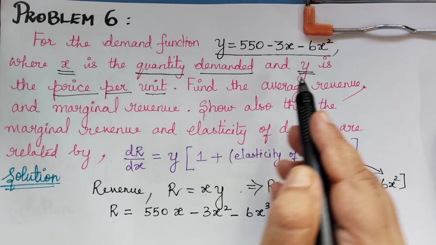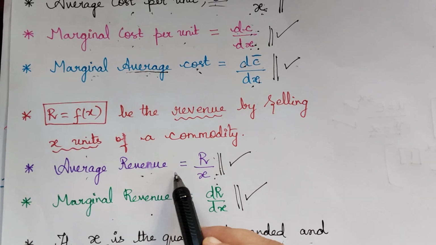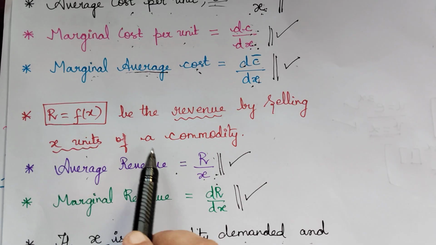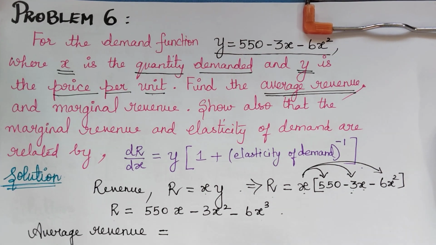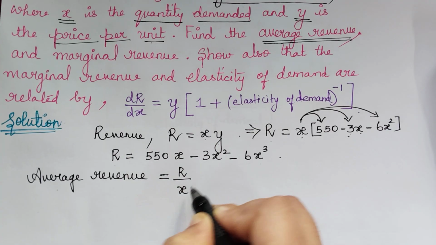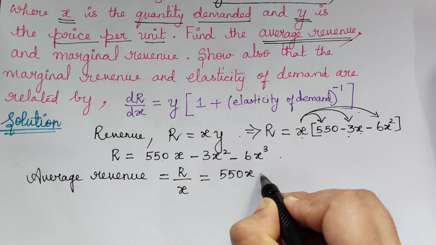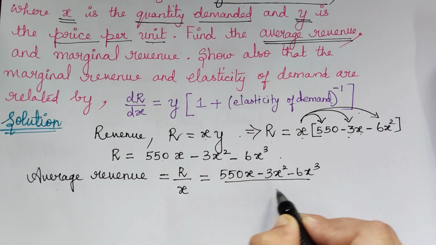The question is to find the average revenue. We know that the average revenue is obtained by dividing the revenue R by x, that is x units of the commodity. So average revenue is equal to capital R divided by x. So that is equal to 550x minus 3x square minus 6x cube divided by x.